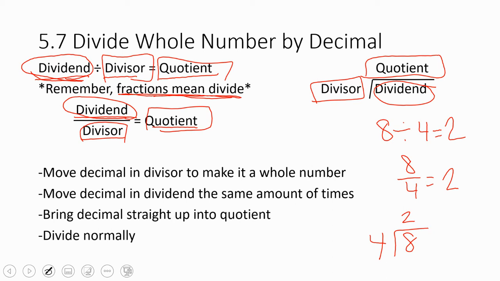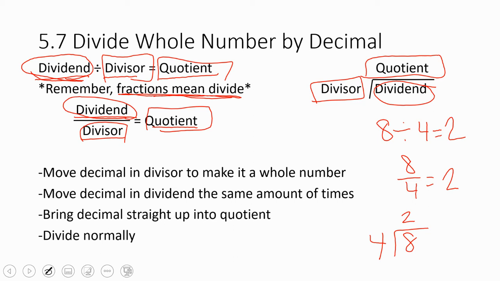Okay, so that means that the second number, or the bottom number, is going to be a decimal number. What you're going to do is first move that decimal point to make it a whole number. You're either going to have to move it 1 or 2 times with the problems we're going to do now. And however many times you have to move the decimal point, you're going to move it the same amount of times in the dividend, which is the first number or the top number.